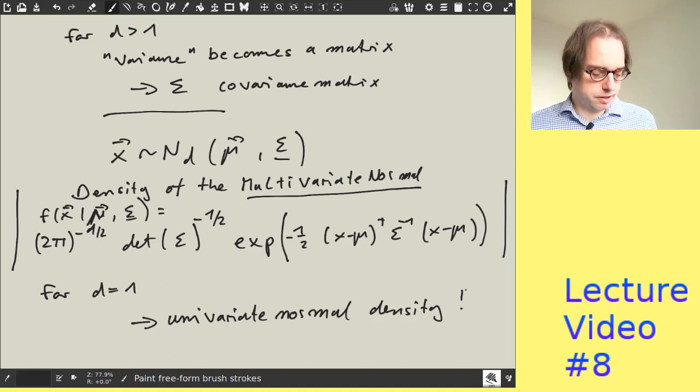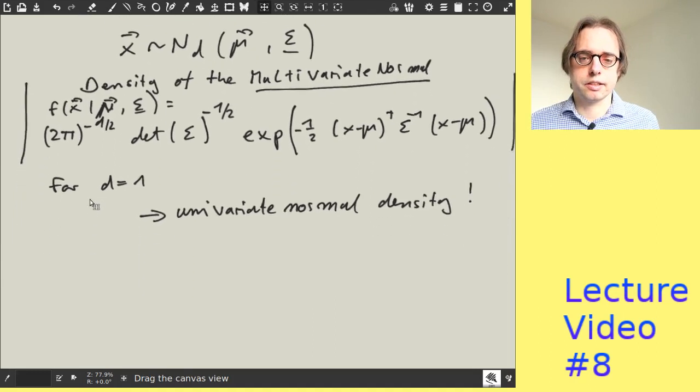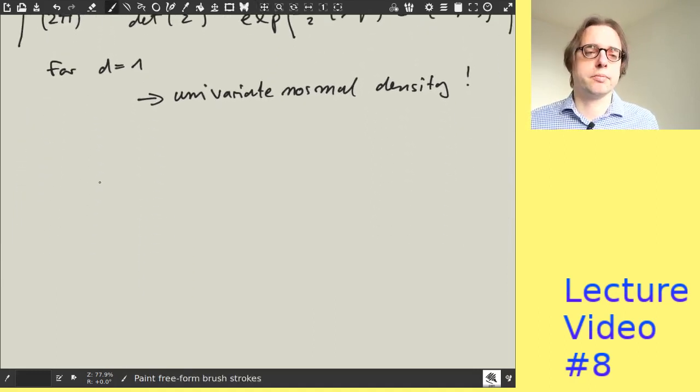So one last thing with regard to the covariance matrix.